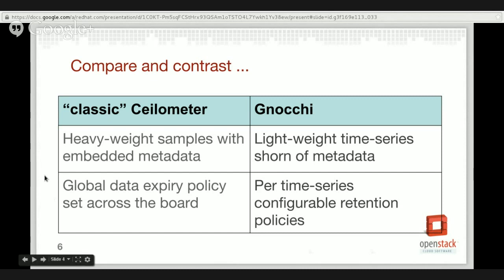So under classic Ceilometer, and this is one of the most fundamental points, the sample model is quite heavyweight. We've got embedded metadata, and that resource metadata is effectively a snapshot of the resource state as it was at the time at which the measurement was taken. Gnocchi, on the other hand, stores time series data, because remember, the actual key data in each of these samples is really just 2 bits of information.